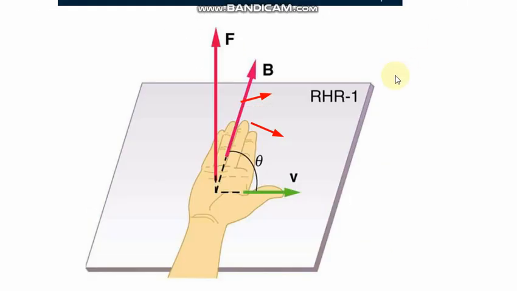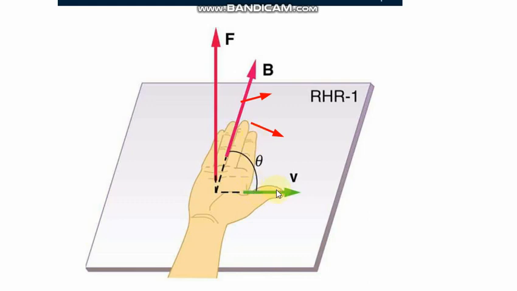Next, there is another rule to determine the direction of force acting on a charged particle in a magnetic field B, and that is called the right hand palm rule. For that purpose, we will use our right hand and stretch the palm in such a way that the thumb is stretched, making an angle of 90 degrees with the fingers.